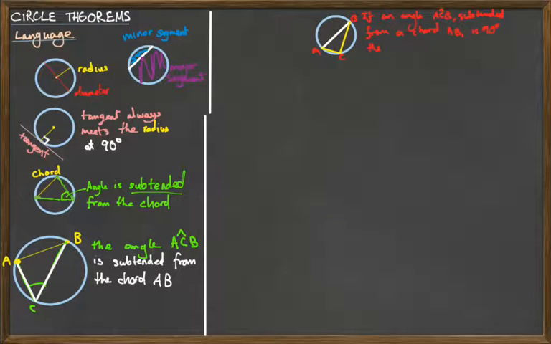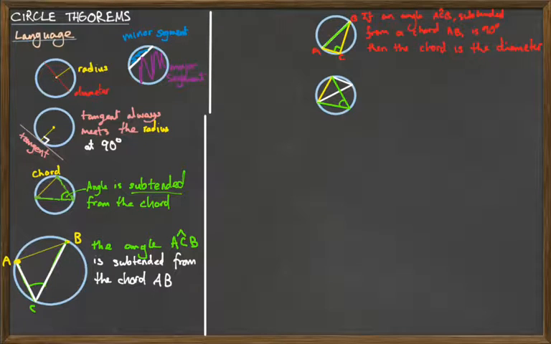And let's say that is 90 degrees. So if that angle is 90 degrees, then the chord is the diameter. Saying that again, if an angle ACB is subtended from a chord and the angle is 90 degrees, then the chord is the diameter. We can say the same in the opposite direction. So if I have a diameter and I subtend an angle, the angle will always be 90 degrees.